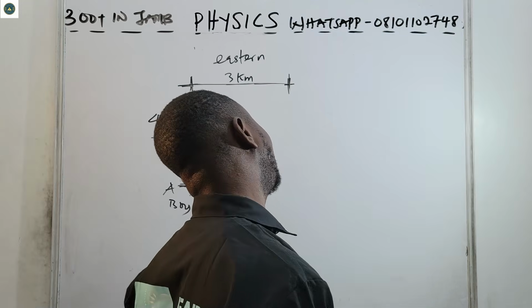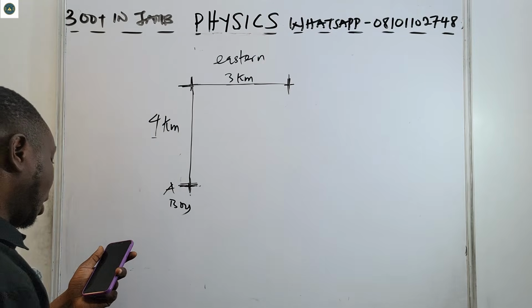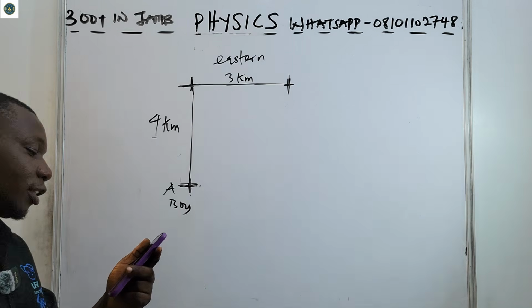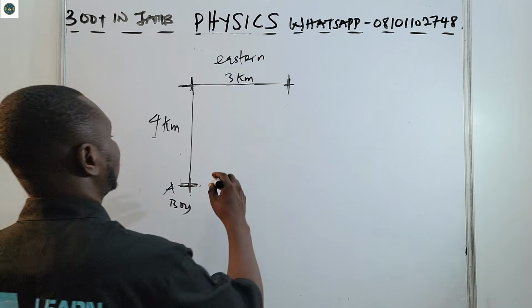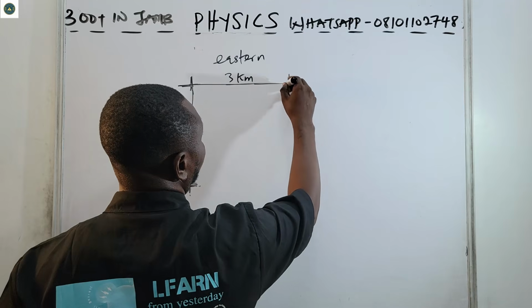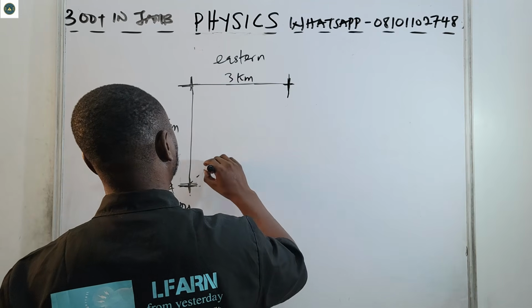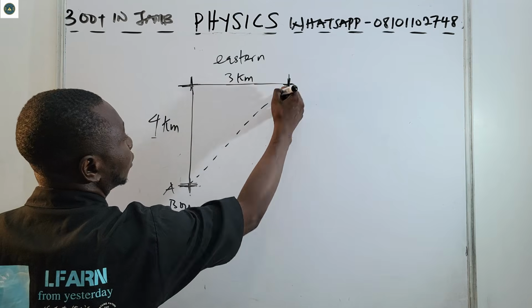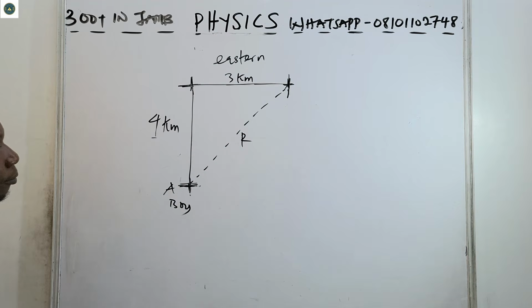So we are interested in the magnitude of his resultant and his what? Direction. So for us to get the magnitude, this is the resultant.